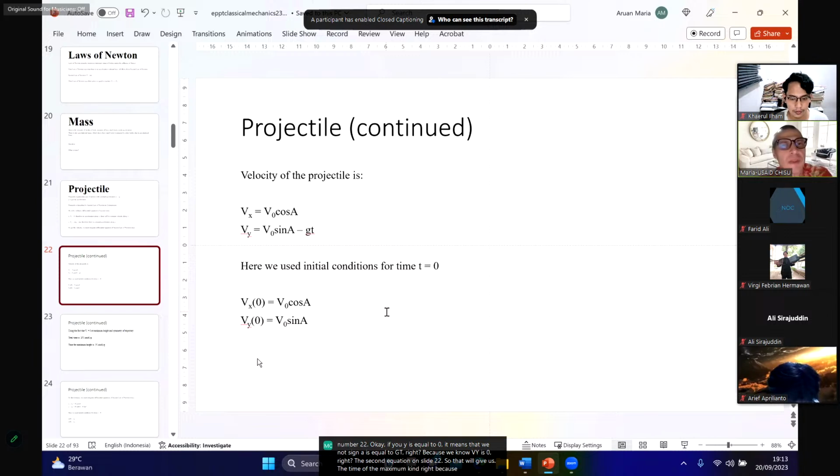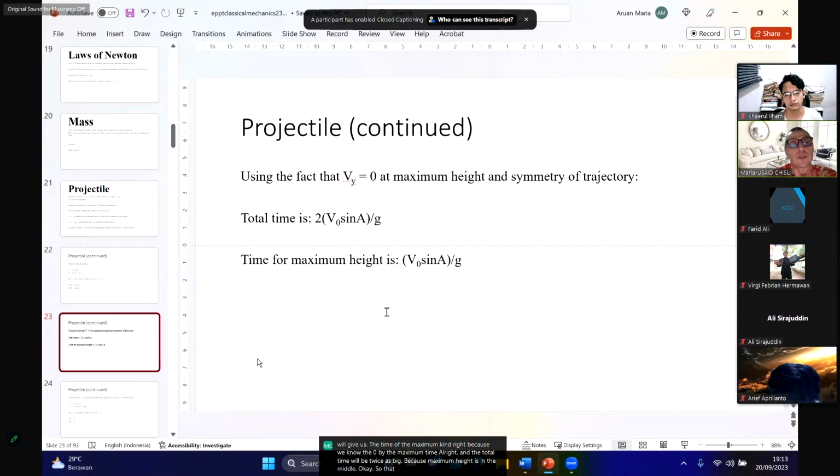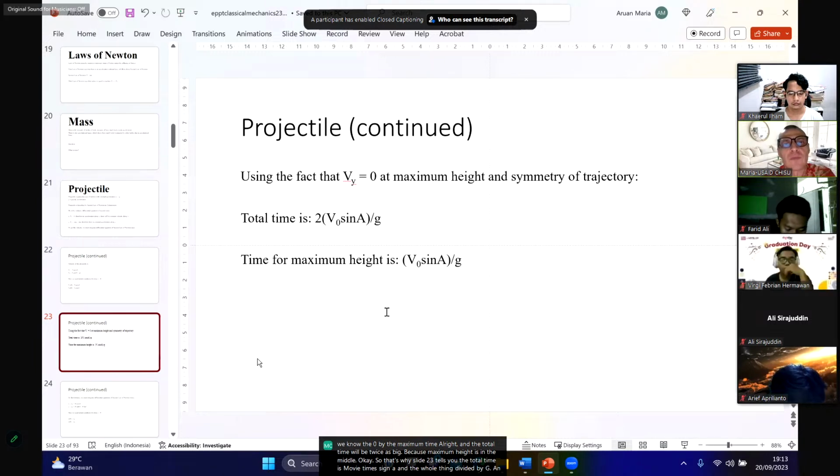And the total time will be twice as big because the maximum height is in the middle. So slide 23 tells you that total time is 2 V naught times sine A divided by g. And the time for maximum height is half of that, which is V naught sine A divided by g. Here V naught is initial velocity, A is angle of release, and g is gravity acceleration.